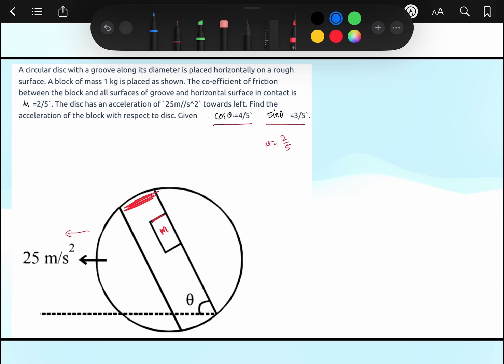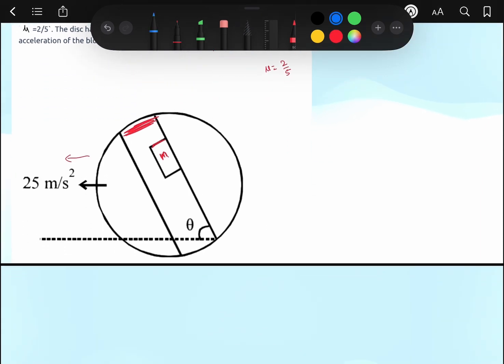If I draw all the forces acting on this block of mass m, then there will be one force acting in the downward direction, that will be the weight of this body, mg.